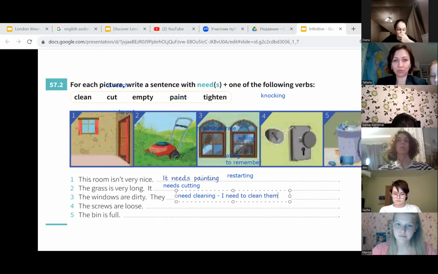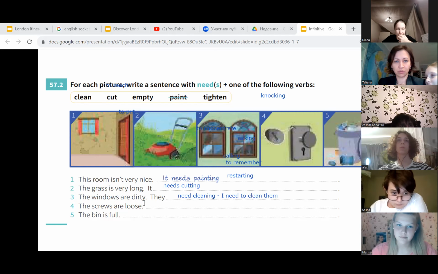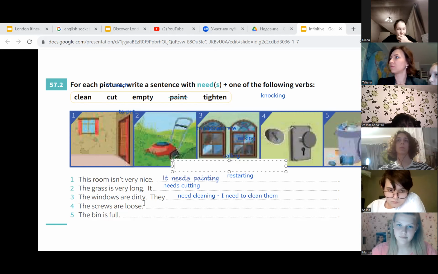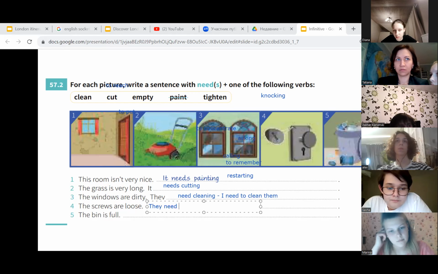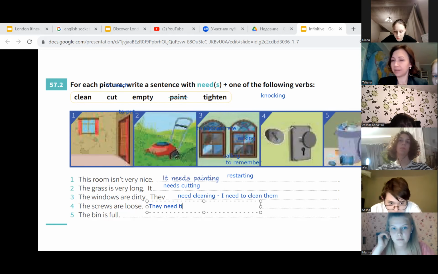Maria, you can say the next one with two variants. The screws are loose. They need tightening, no, just this action. Tighten is the verb.